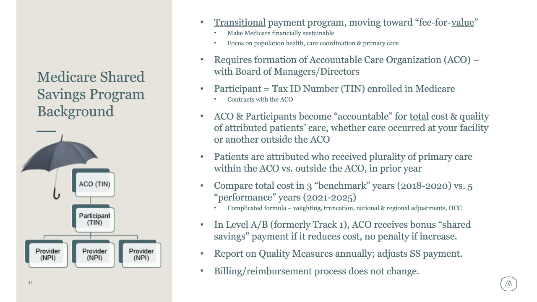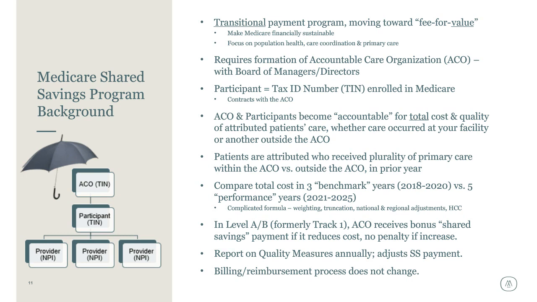And then all of the providers who bill through that TIN are ACO providers. So really, the Medicare Shared Savings Program is a transitional payment program. Like we said, it's all about taking that jump, making that transition toward fee-for-value payments. And it's a program that focuses on preventive care, primary care, population health, and care coordination.